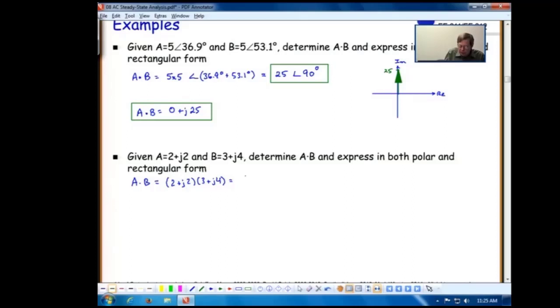Multiplying the first two terms, we have 6. Multiplying the outer terms, we have plus j8. Multiplying the inner terms, we have plus j6. Multiplying the last terms, we have negative 8, since j squared is minus 1. And that equals, if we combine real parts, negative 2 plus j14.